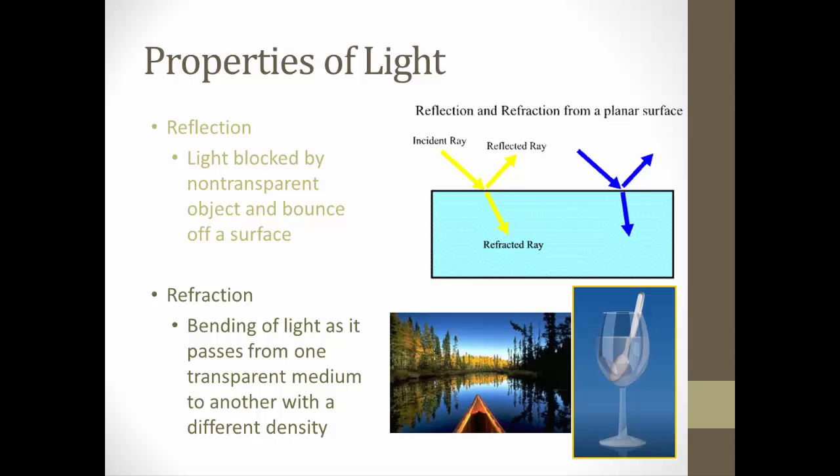And that's what we see with the spoon. Part of the spoon only passes through air to reach our eye, but the portion that's in the water has to go through the water and then the air, passing from one transparent medium to the other before it reaches the eye. And so it makes it appear that it's not linked up to the handle of the spoon.